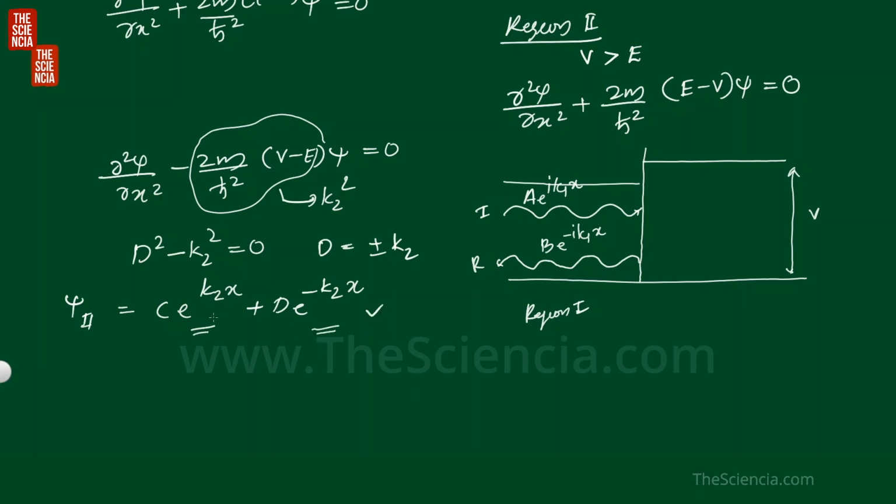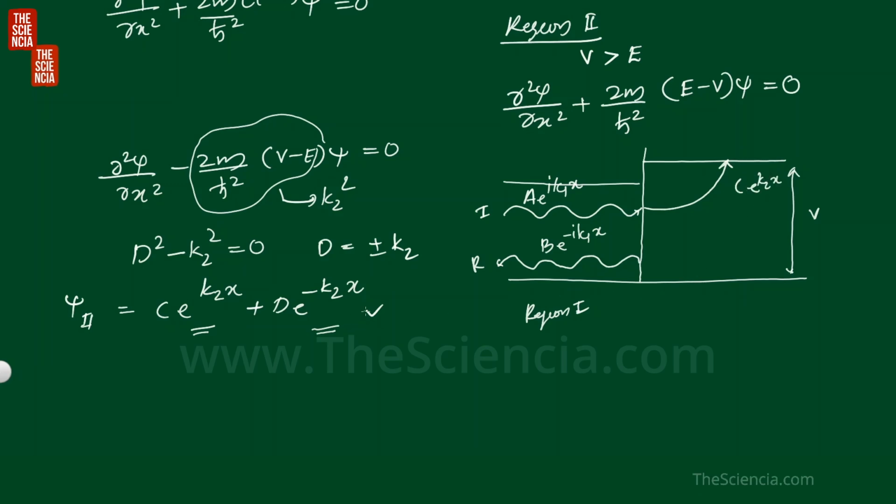The forward traveling wave, as the x value increases, its value increases exponentially. That is, this is c e raised to k2 x.